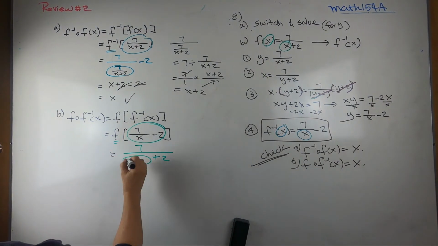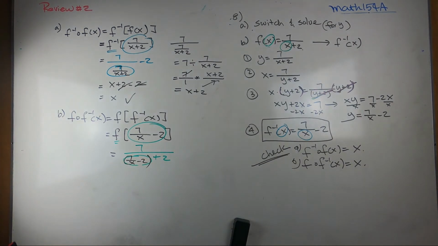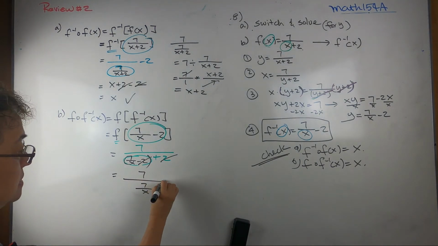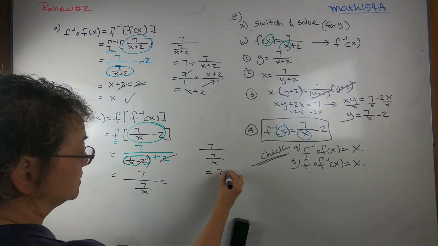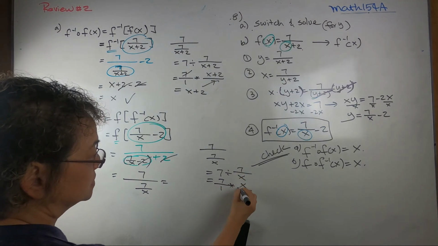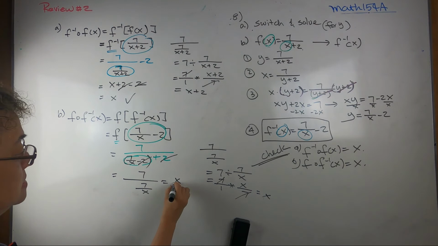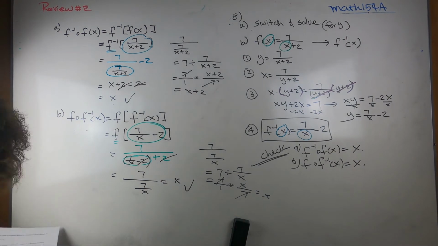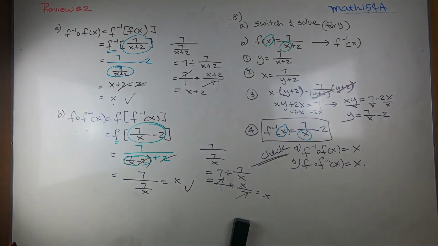Okay, then what you have is 7 over 7 over x minus 2, plus 2, right? Then you cancel all this. You have what? 7 over x, which is 7 divided by 7 over x, equals 7 over 1 times the reciprocal, right? You end up with x. Did we get back? Yes. Okay, that's how we check. Right? Manageable.